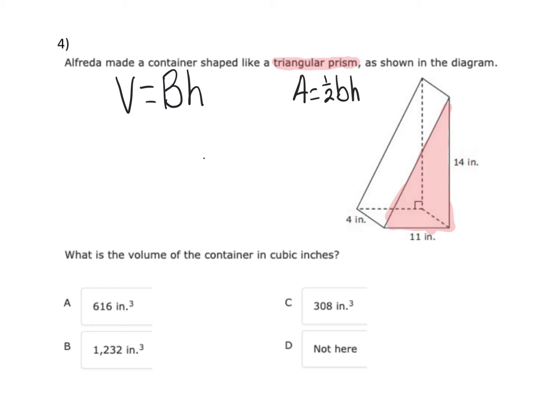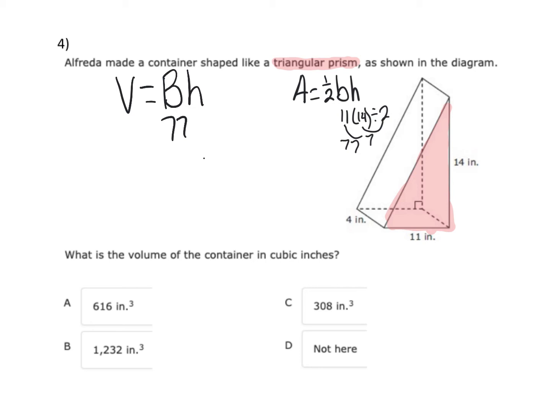So the base is 11, the height is 14, and then 1/2 really just means divide by 2. Now we can do this in any order because it is PEMDAS order of operations. So we can do 14 divided by 2 to get 7. Then we can do 11 times 7 for 77. So the big B is 77.